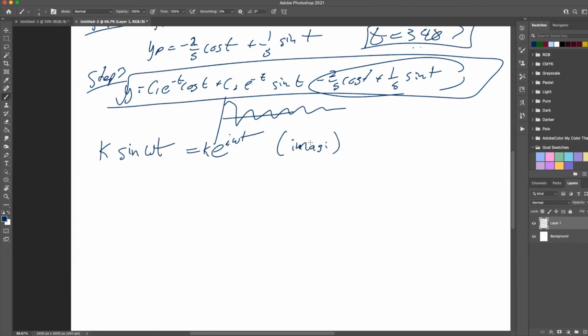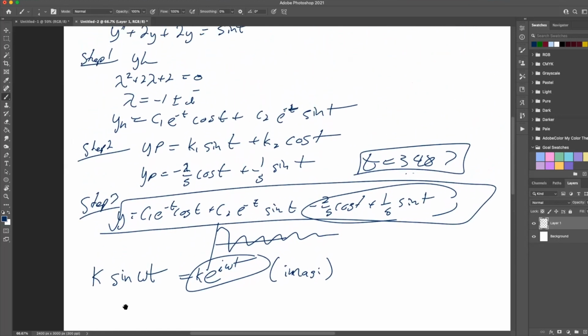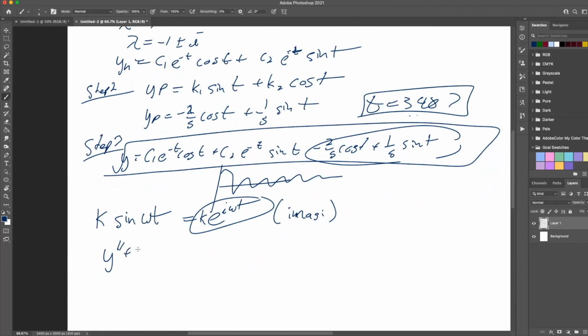The reason I do this is I want to put this into complex numbers. It's called complexification. And by putting it into complex numbers, can I solve for this? Sure, I know how to solve for this. In our case, what we have here is y double prime plus 2y prime plus 2y equals, here it's just going to be e to the i t, and then I just know I want the imaginary part when I'm done, right?